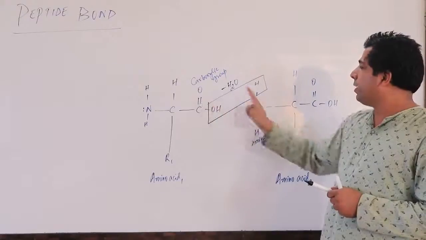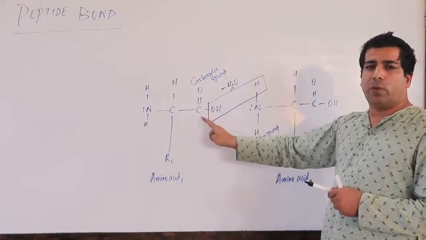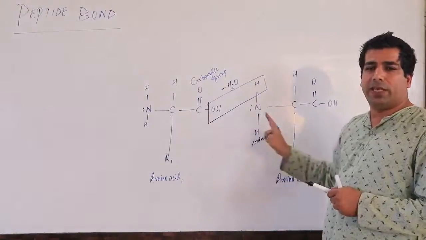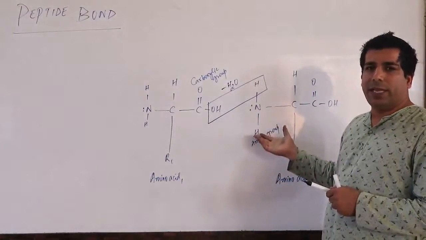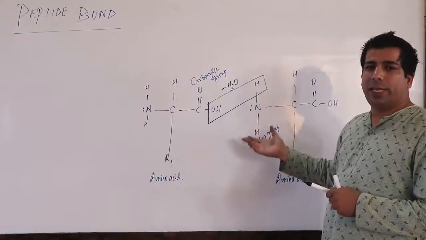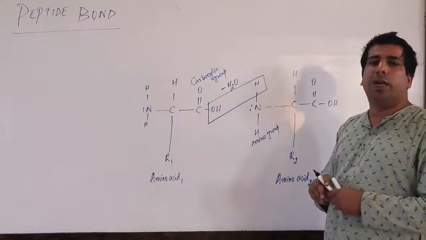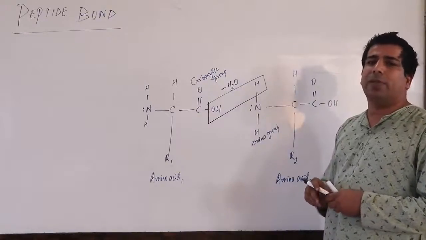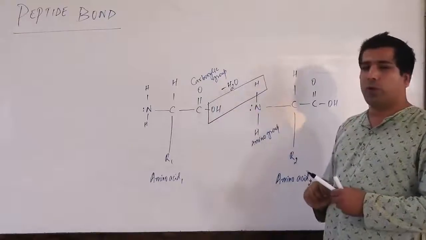Carboxylic group of one amino acid will react with the amino group of another amino acid. It will result in the formation of peptide bond, and there will be also the loss of water molecule. You can see here, water molecule will be lost.